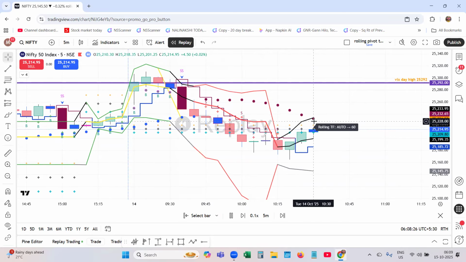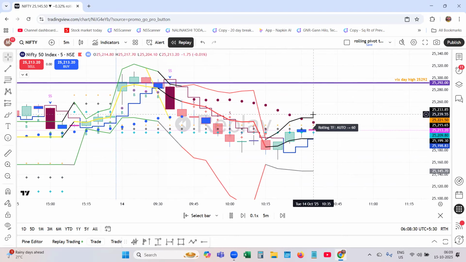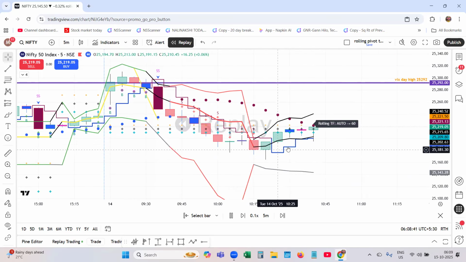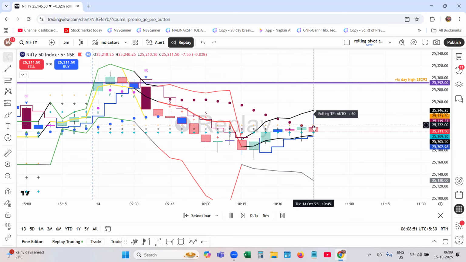For the neutrality to become positive, the price has to climb above this longer period Gann HiLo, then the rolling pivots will change their color. Otherwise, they will not change color. See, this is a pullback trade which is happening over here. So you are not going to make a mistake in this, or you will look for a sell on rise because the trend is R1.